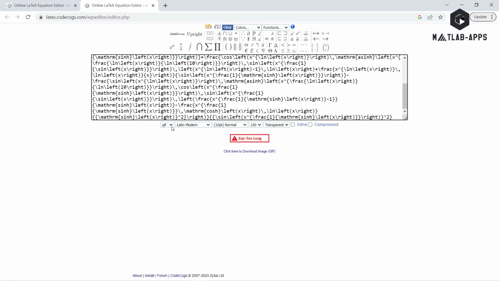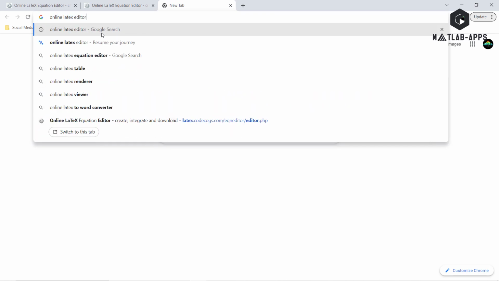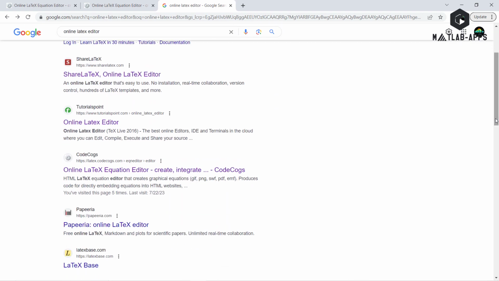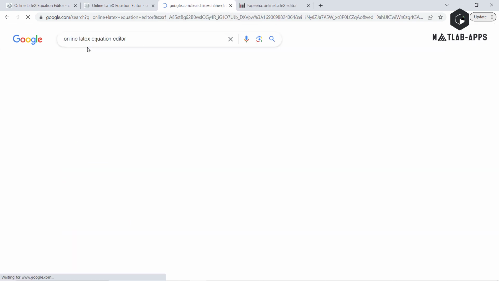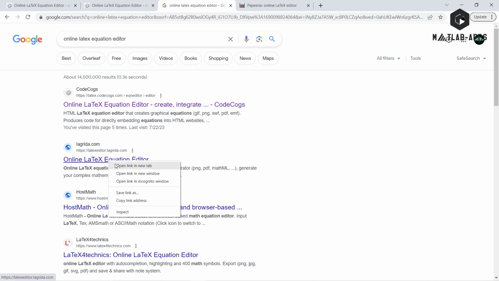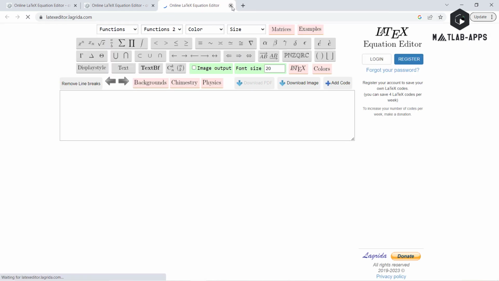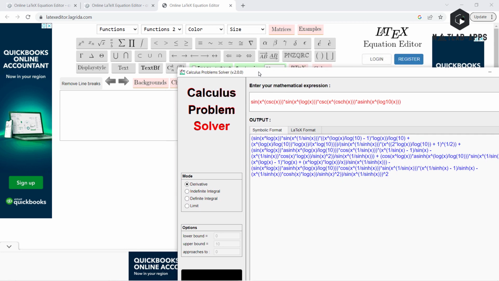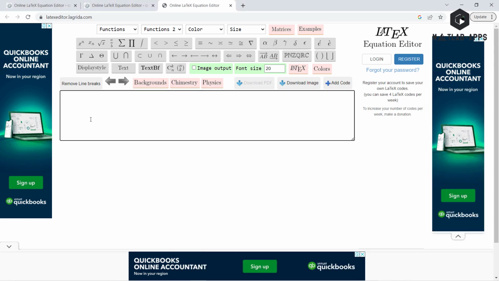The equation is too long. So we need to use another online LaTeX editor for long equations. So I will come here, online editor. For that, I will use this online LaTeX editor because it can show long equations.